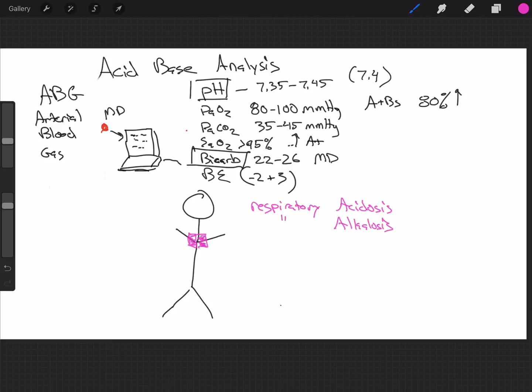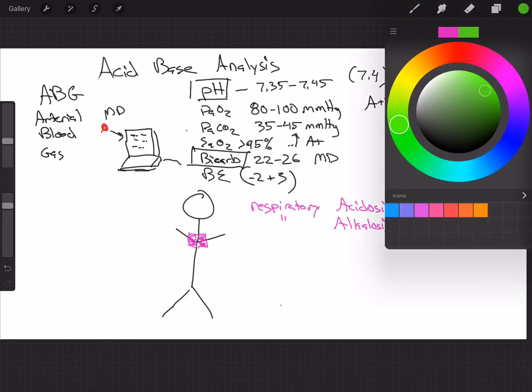Respiratory alkalosis, on the other hand, is breathing out too much carbon dioxide. And we see this with patients suffering from anxiety and hyperventilation syndrome. They breathe far, far too many times. They breathe out a bunch of CO2, which then lowers the amount of hydrogen. That makes them alkalotic, so their pH is higher than 7.45.